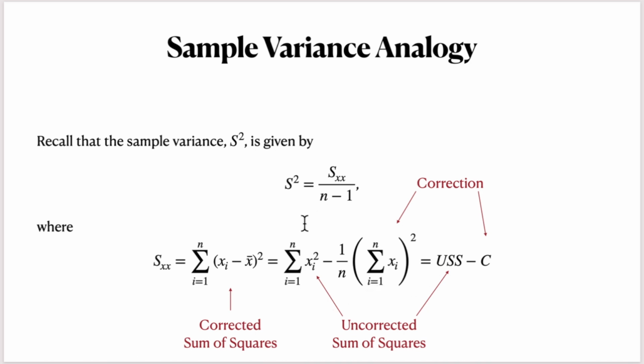Now, we can also represent this computational formula in the following way. USS for uncorrected sum of squares minus C, being this correction factor. And this is the type of terminology and notation that you're going to see in the context of experimental design. All right?